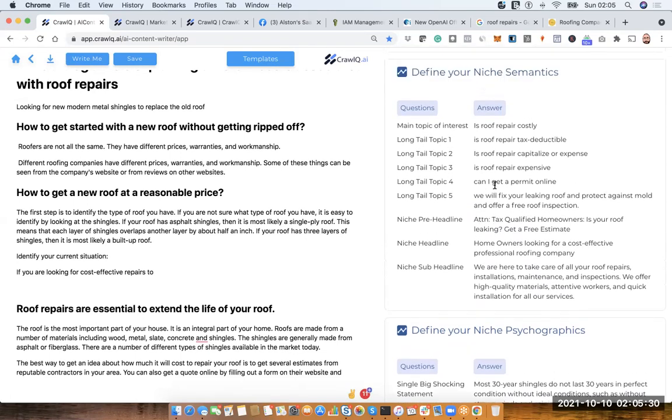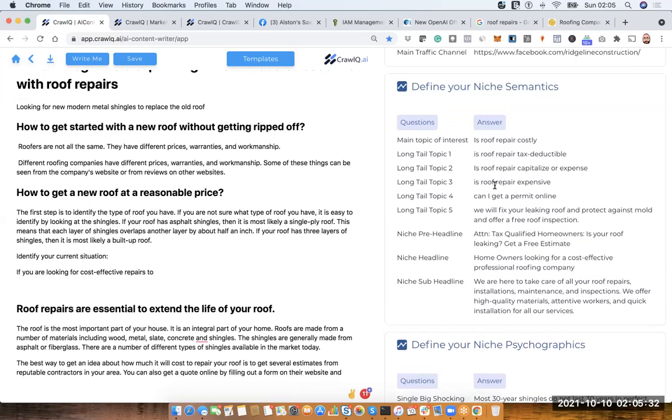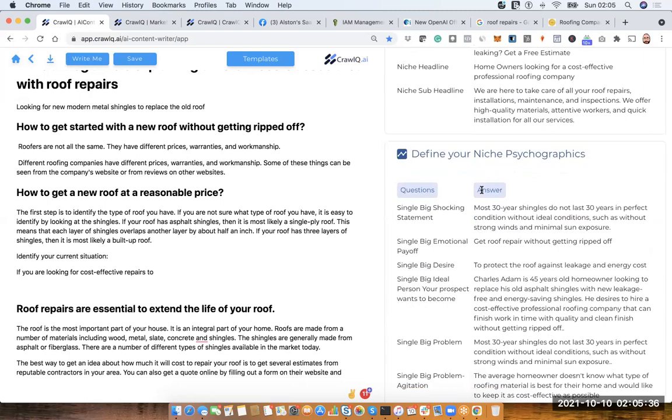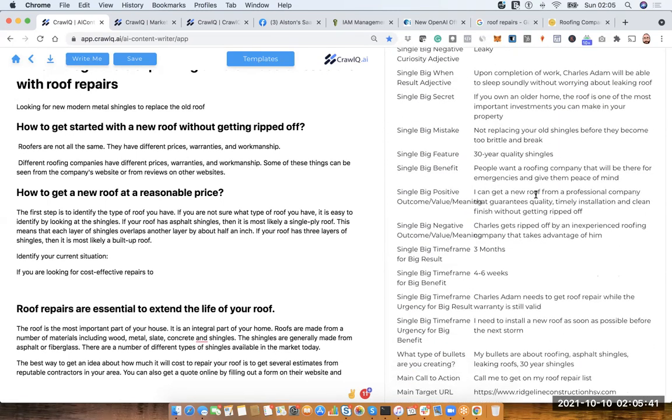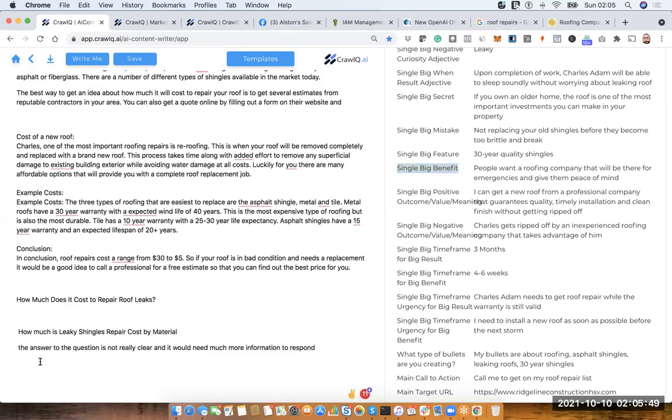Here, you are optimizing your content by looking at the problems and pain points that you have written before, and if you use these sentences, you can just come back here and say single big benefit, and just say write me, Athena. It will pull up the context from there, and then you can further extend on it.